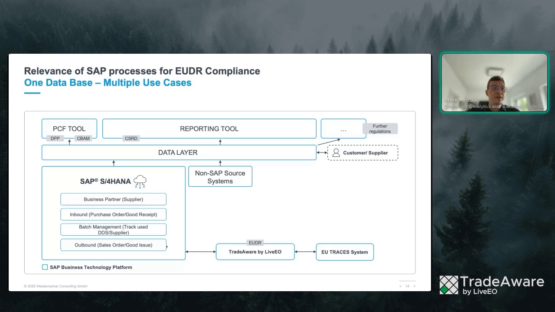Our recommendation in that case is that you start working on building a common sustainability data layer, a data foundation that really takes data and data products from individual systems.